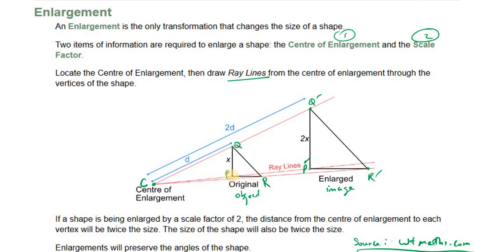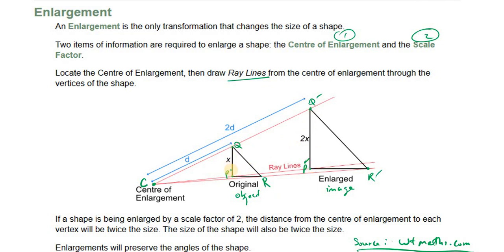So if PQ is x and the scale factor is 2, then the distance from P prime to Q prime is 2x because the scale factor is 2. That means this length, PQ, has been enlarged by twice the amount. So for instance, if this is 10 centimeters, then this will be 2 times 10, which is 20 centimeters.